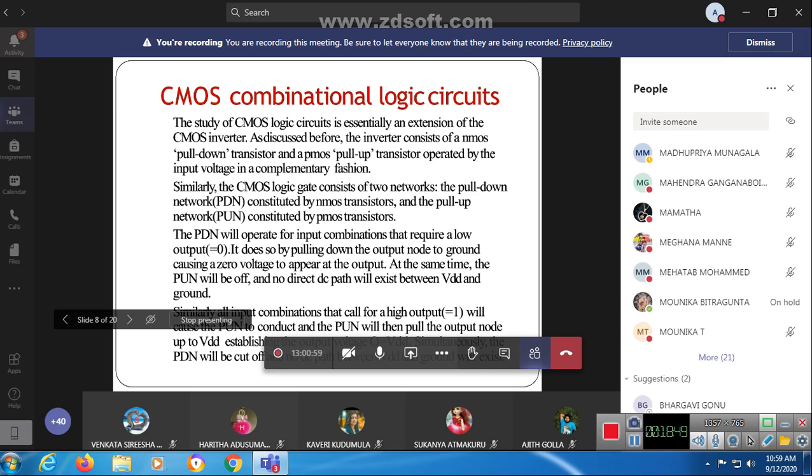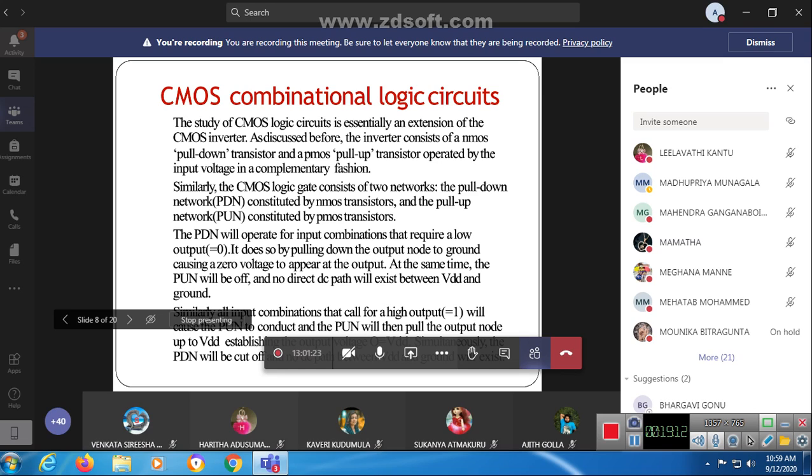The inverter consists of an NMOS pull down transistor and a PMOS pull up transistor operated by the input voltage in a complementary fashion. What is the meaning of complementary fashion? One time we give a low input, another time we give a high input.